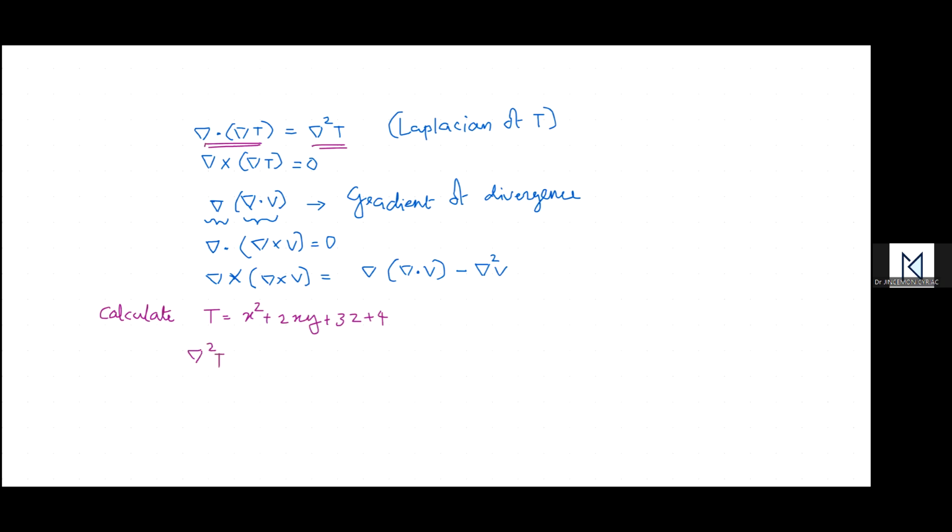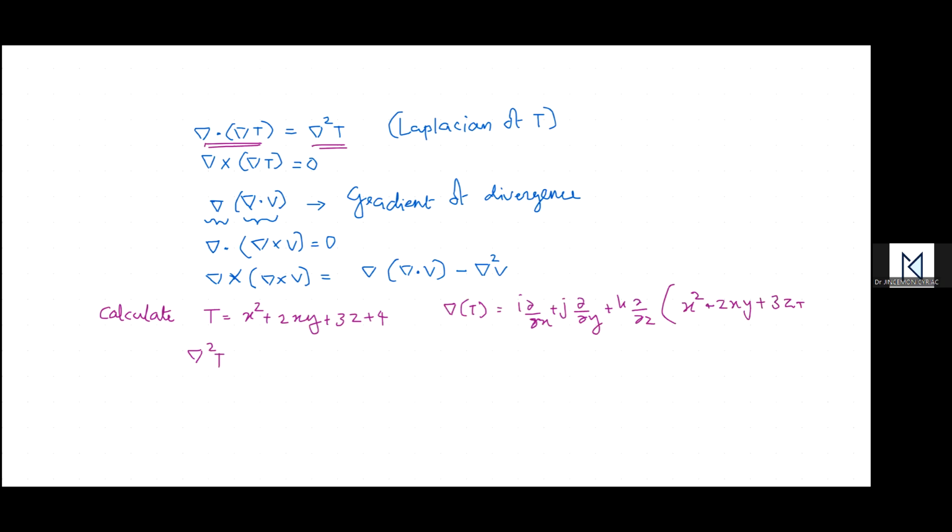So we can find out the first derivative. Del of t is equal to i into dou by dou x plus j into dou by dou y plus k into dou by dou z of t, x square plus 2xy plus 3z plus 4.